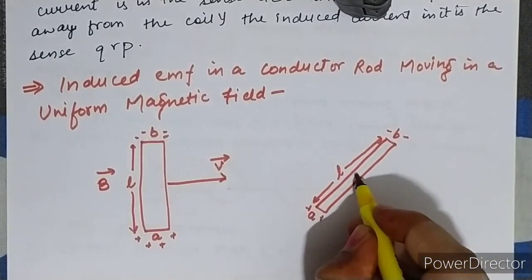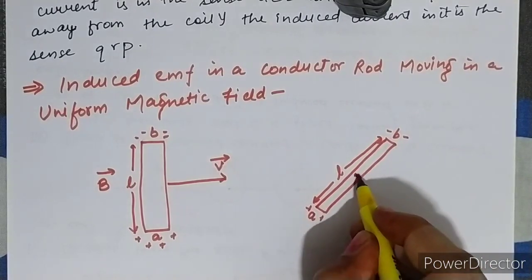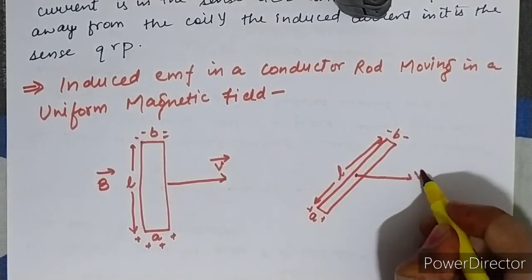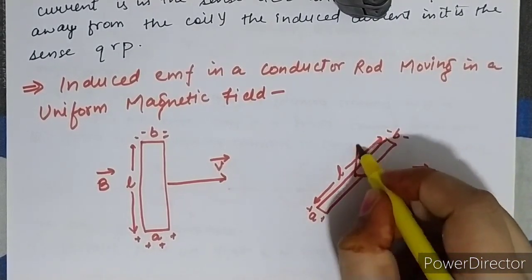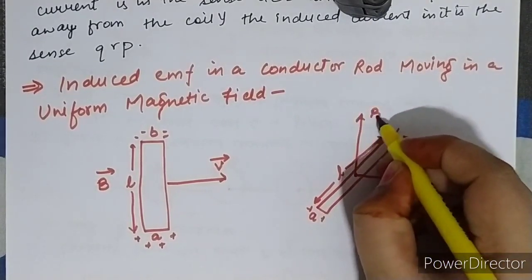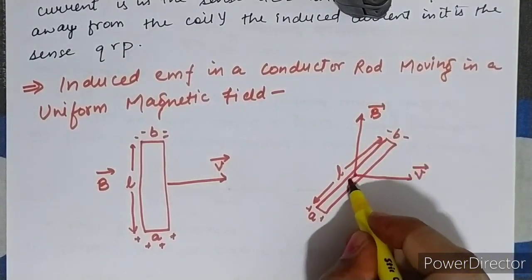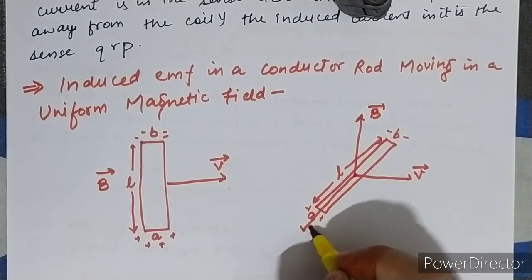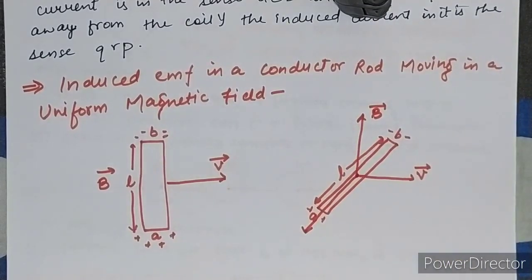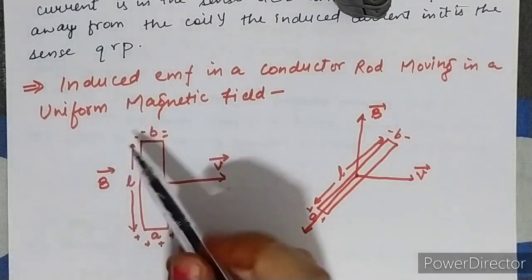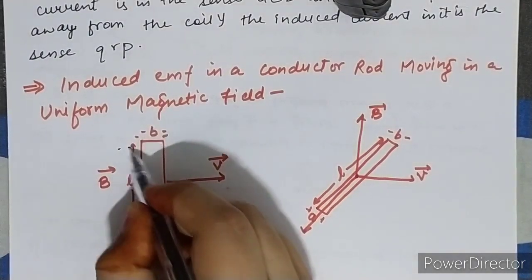Now I'm just taking here a midpoint of it. Here it's the velocity V, and perpendicular here the magnetic field B, and here the current. Okay, now the uniform magnetic field, I am just showing it by the dot form.